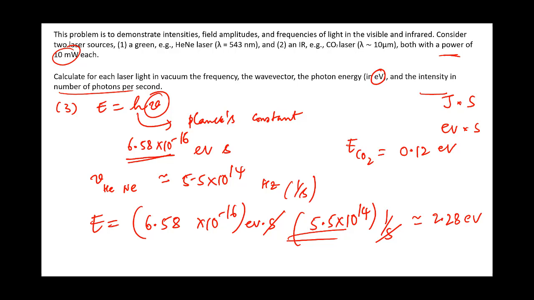If we know the energy for each photon, then we can calculate how many photons per second. But here we need to do a simple conversion, because the power is given to us in watts, so we have to convert that into electron volts per second.